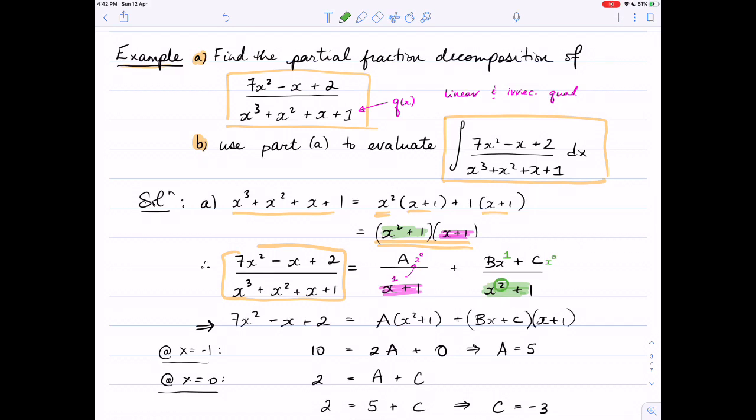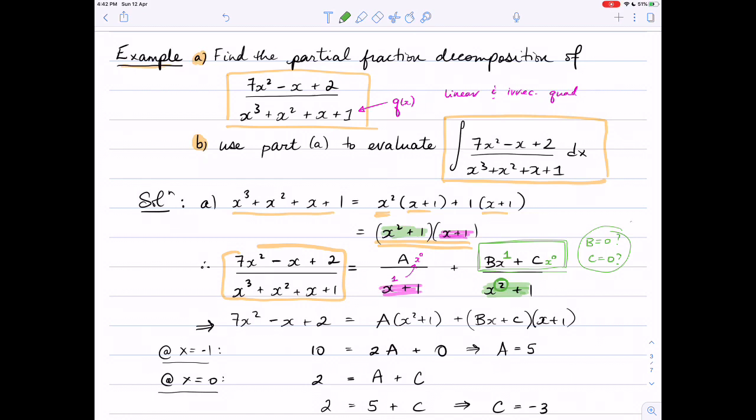x to the 0. And so an irreducible quadratic term will always have a linear numerator in the setup. Now it might very well be that b is equal to 0. That might happen. Or you might have c is equal to 0. That could happen. But you do not know to start with.